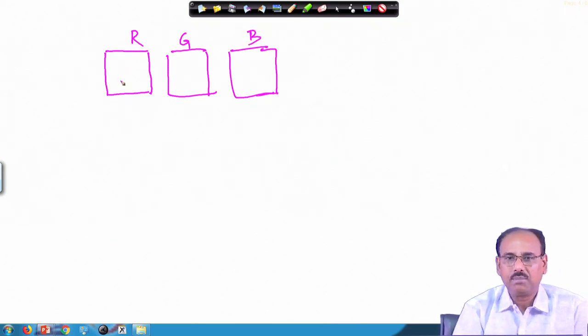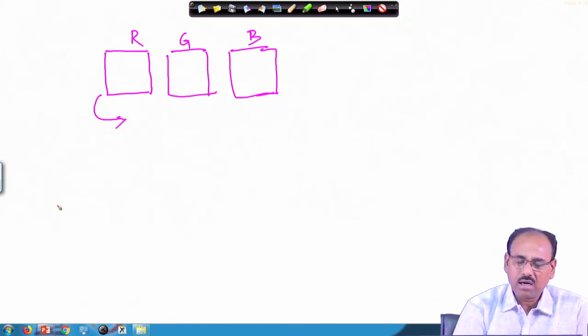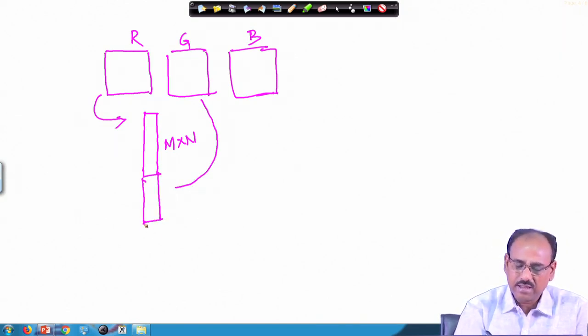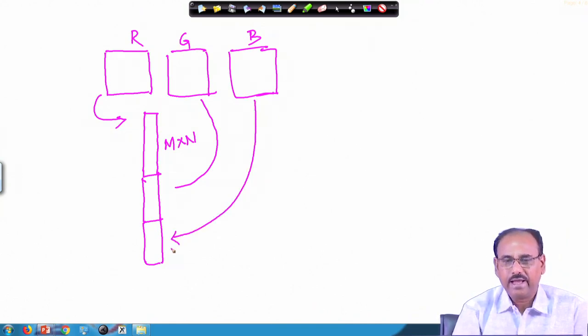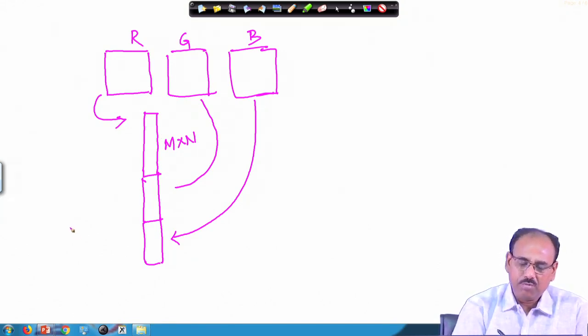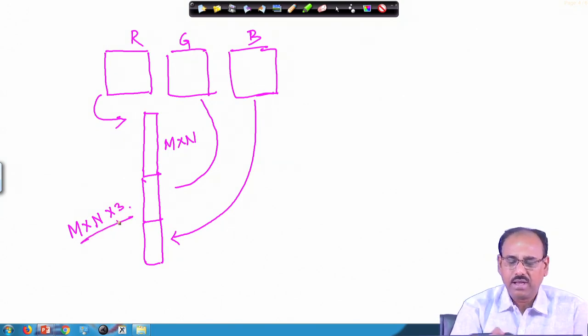Each of these color planes, let us assume, has m by n pixels, with m rows and n columns. From the R plane, I generate a vector having m into n elements. I concatenate with that the vector generated from the green component, again having m into n elements, and then you concatenate the similar vector generated from the blue component, again having m into n components. So, the total number of elements in this feature vector now becomes m into n into 3.